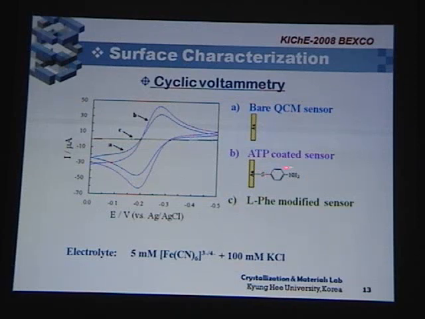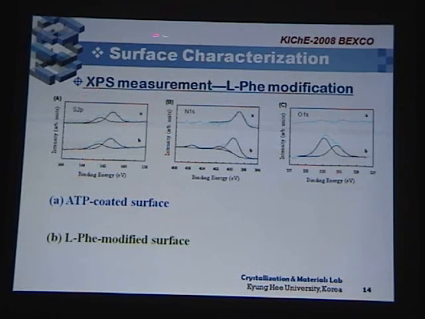This is because the amino group carries a positive charge in the solution, so it will attract the negative ferrocyanide ions to the electrode to make the electrochemical reaction. After alpha-phenylalanine modification, both of these two peaks totally disappear, meaning that the electron transfer on the electrode surface was totally blocked. And we will also use XPS to characterize the surface.